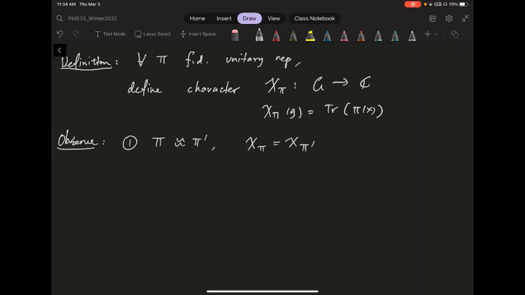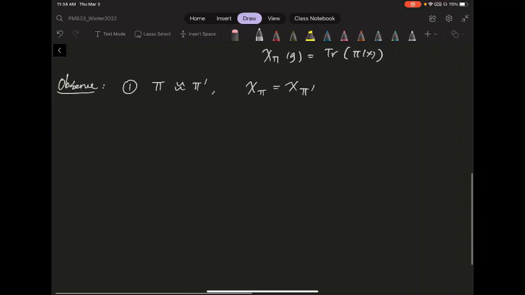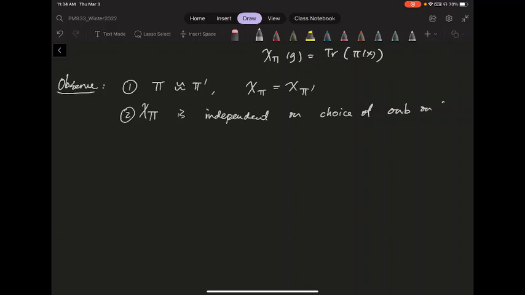So whenever you have two things from the same equivalence class of representations, even reducible ones, they are going to give you the same character. Second, as we mentioned, this chi pi is independent of your choice of orthonormal basis on each of these H pi. That's just a property of the trace.